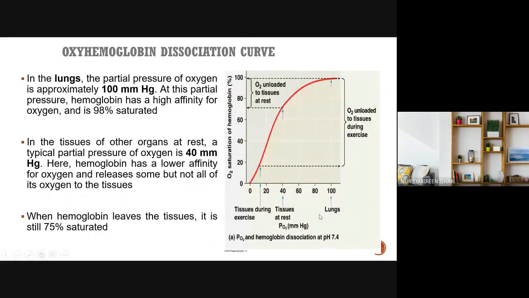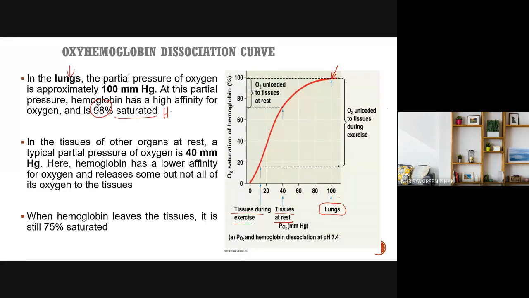So kalau kita tengok kat sini, nampak dia plot dekat lungs, tissue at rest and tissue during exercise. Dia nak compare jugalah tissue during exercise. So it says here in the lungs, okay, the partial pressure of oxygen is approximately 100 millimeter mercury. So at this partial pressure, the hemoglobin has a high affinity for oxygen and it is 98% saturated.